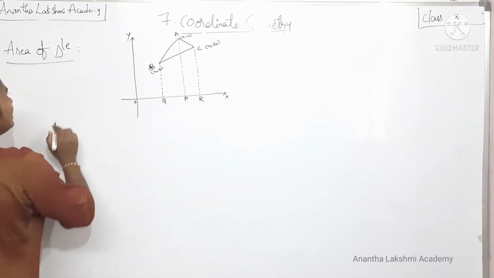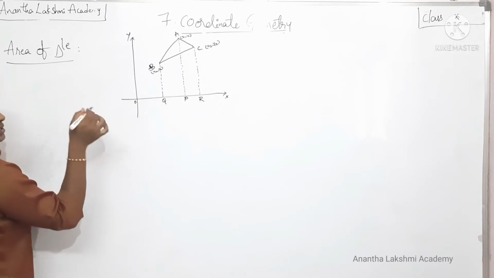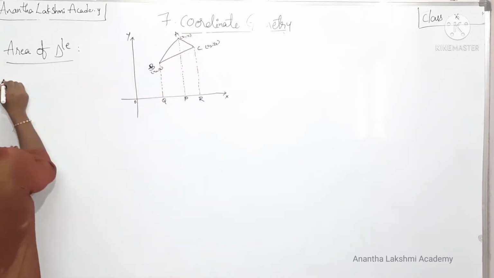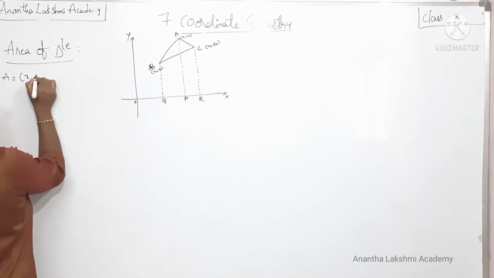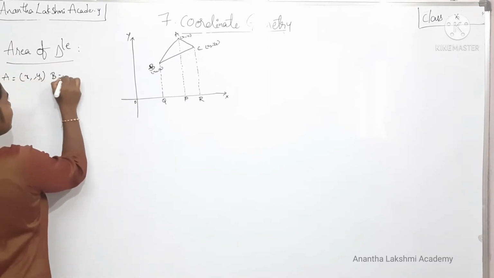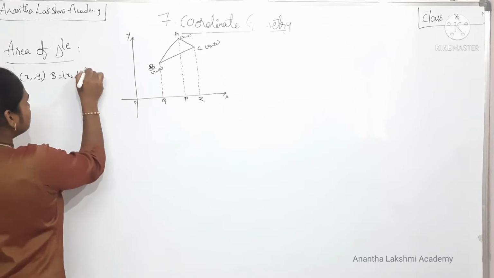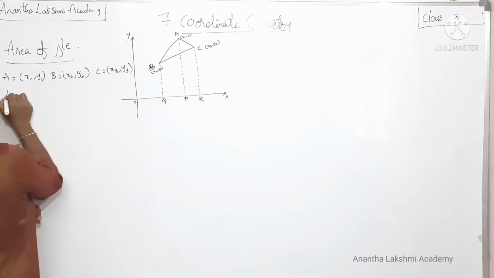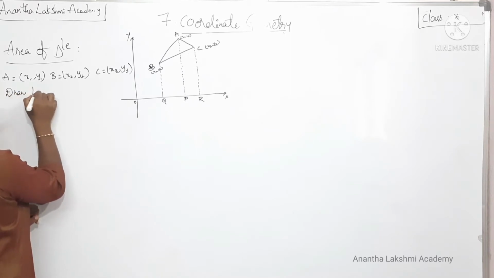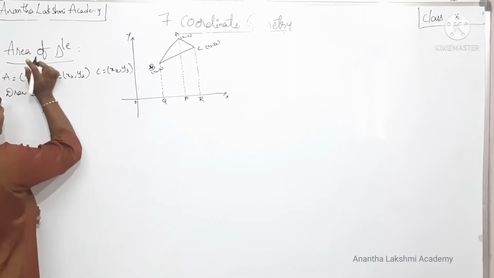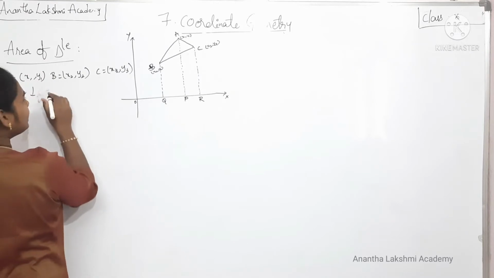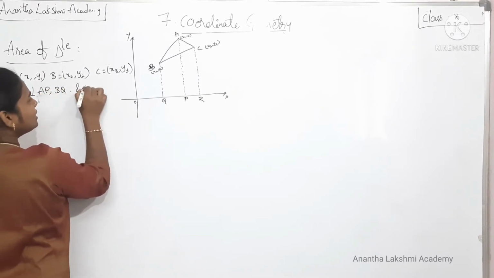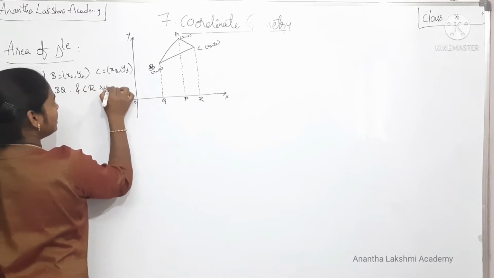So let me tell you. For us, A, B, C are known, where A is equal to x1, y1, B is equal to x2, y2, and C is equal to x3, y3. Now we have drawn perpendiculars. What are the perpendiculars respectively? AP, BQ and CR respectively.